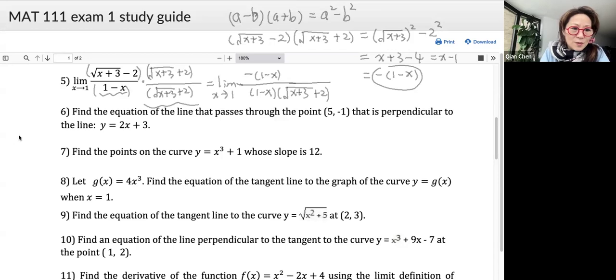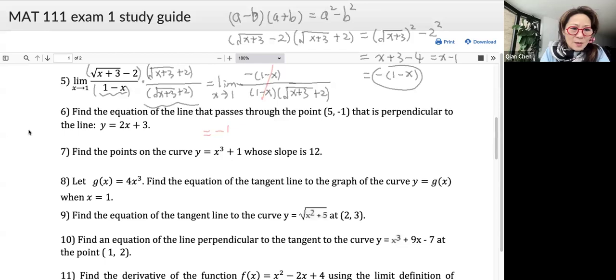Now these two cancel. The common factor is canceled, so we can plug in 1 now. We keep the negative sign, basically a negative 1 in the numerator.